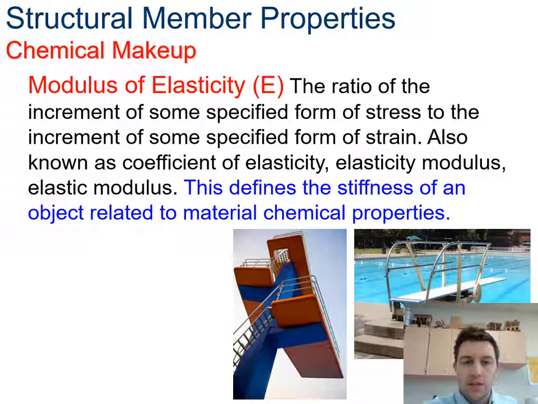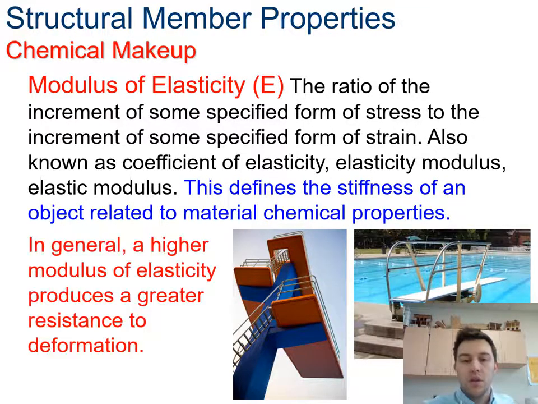It's generally going to be a given number for you. You'll be given the material property. And again, with a higher modulus of elasticity, we have a higher resistance to deformation. These are generally large numbers, to the millions of psi.